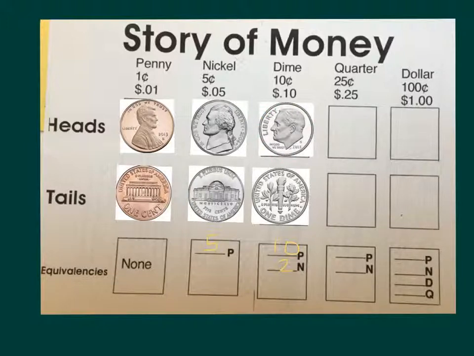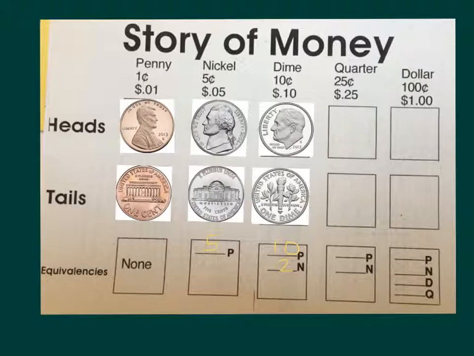On the head side of the coin, we see the portrait of President Roosevelt. And on the tails side of the coin, we see a torch, olive branch, and oak branch. I know that 10 pennies goes into 1 dime, because that equals 10 cents.